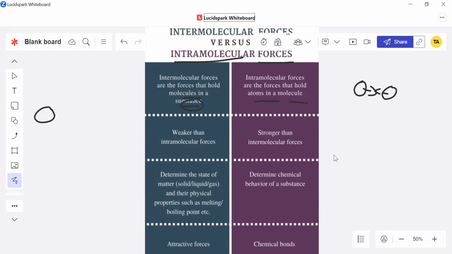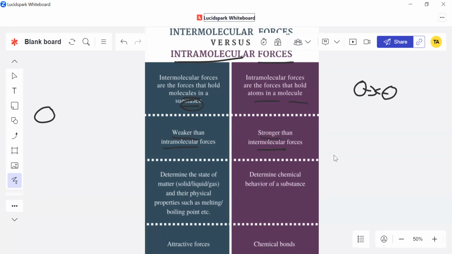Now, intermolecular forces are weaker than intramolecular forces. So intermolecular is weaker, whereas the intramolecular forces are stronger.